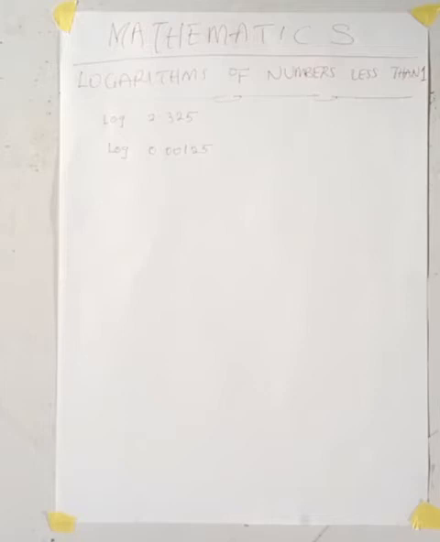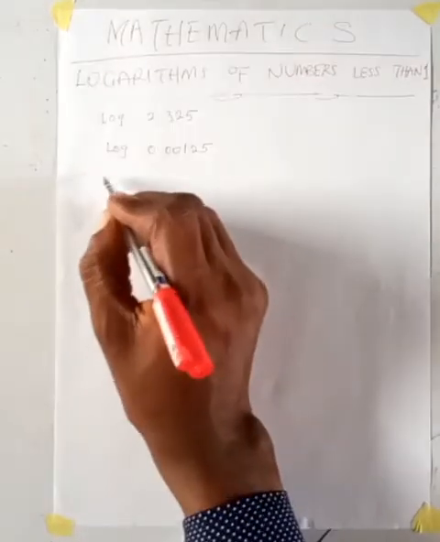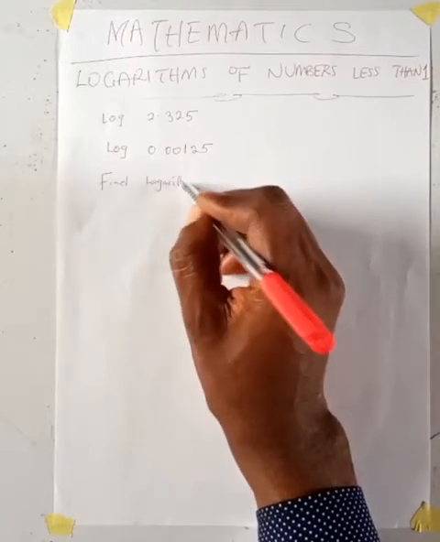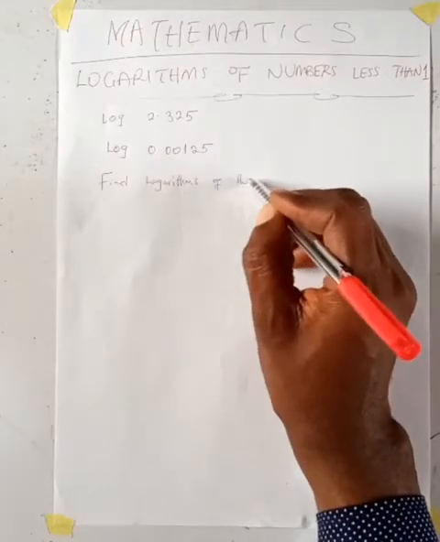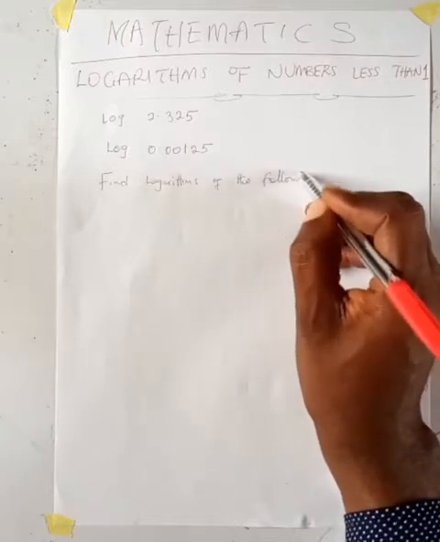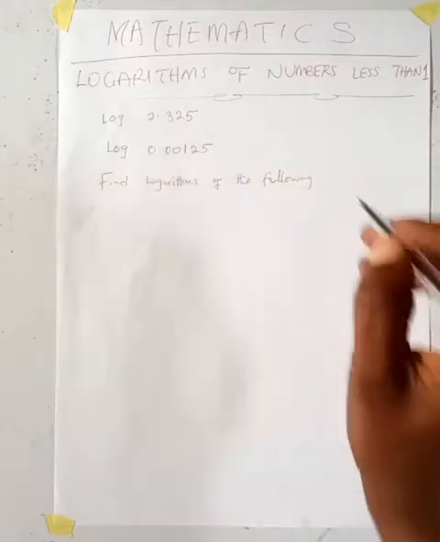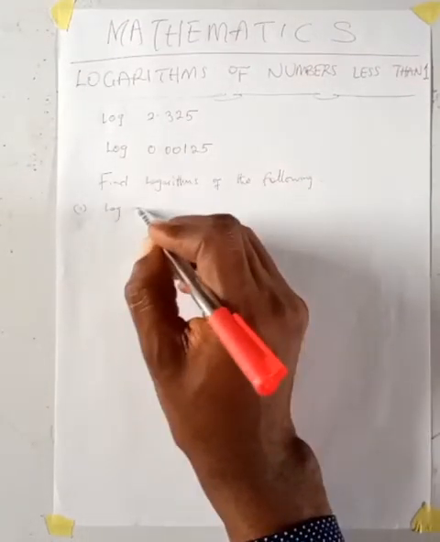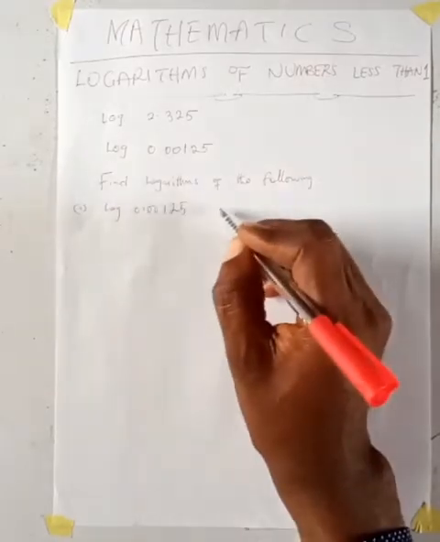And the first thing that is of importance whenever we are dealing with logarithm is how do we determine the characteristic? Just like we know, the characteristic involves the movement of the decimal point, and it also has a lot to do with the digits given in the number. For instance, let us find the logarithm of the following. Number 1, log 0.00125.